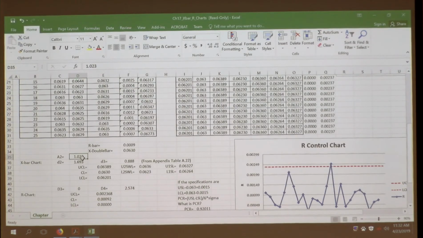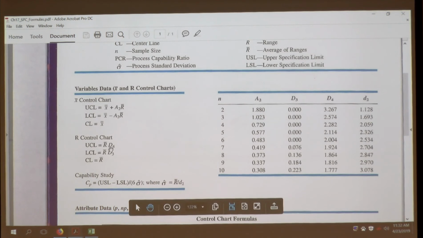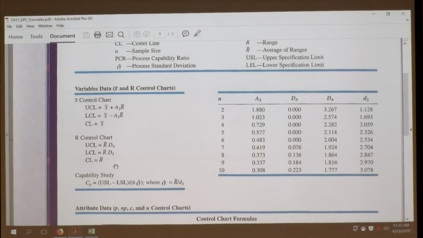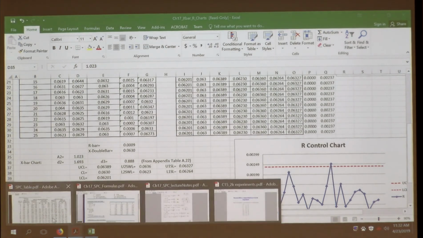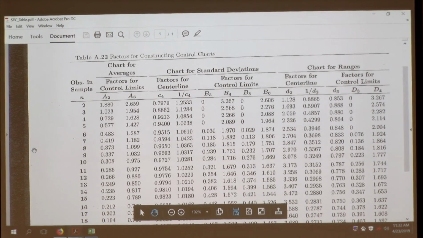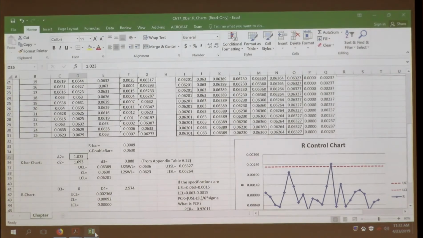Then I need D3 and D4. D3 is 0, D4 is 2.574. This is for sample size 3, so I get 0 and 2.574.